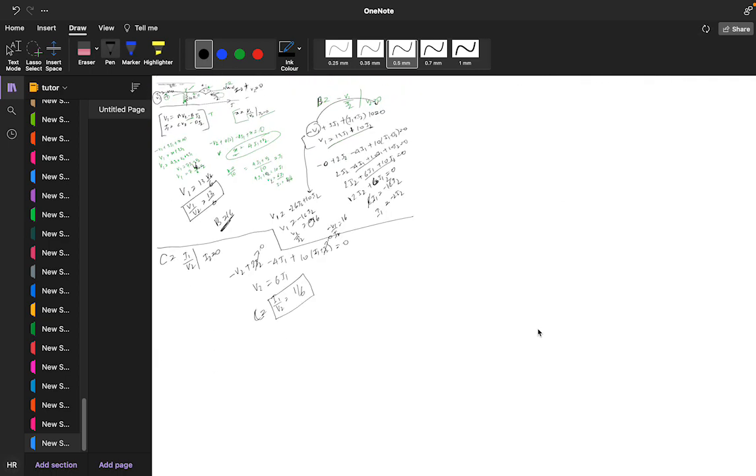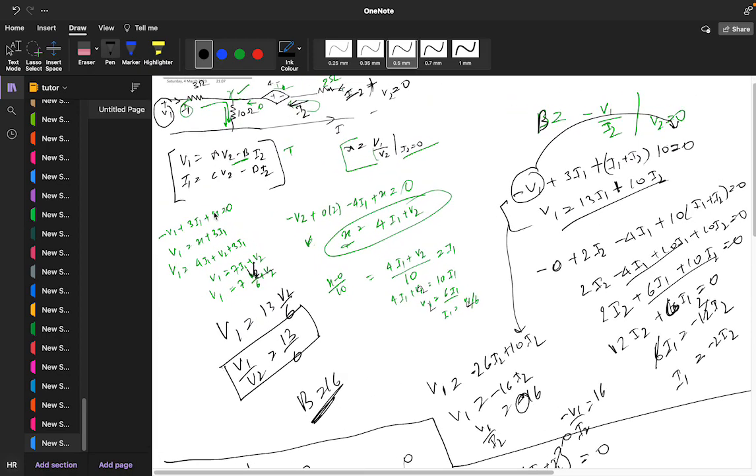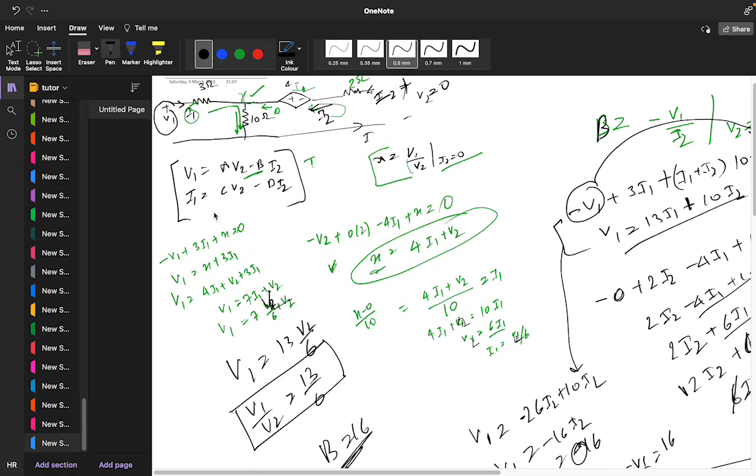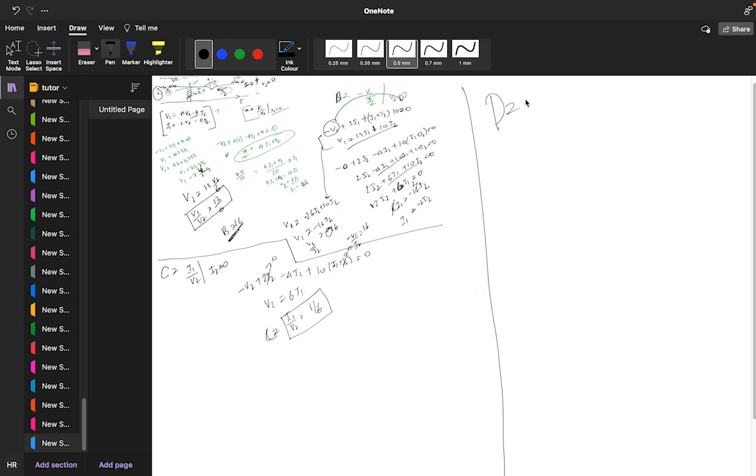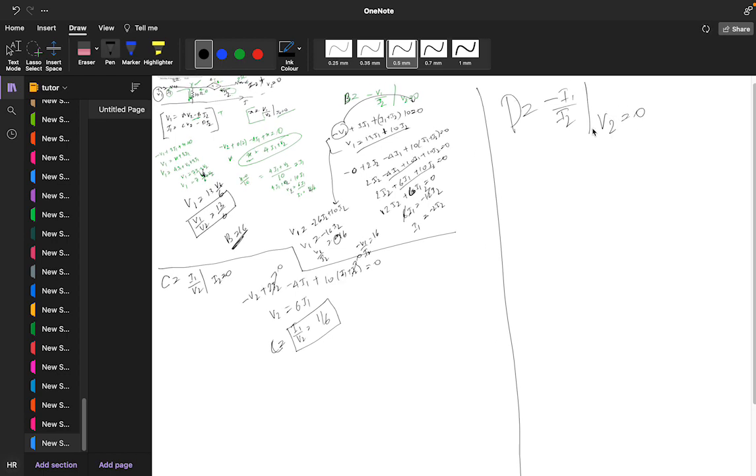So for D, D will be minus i1 upon i2, while making V2 equal to 0.